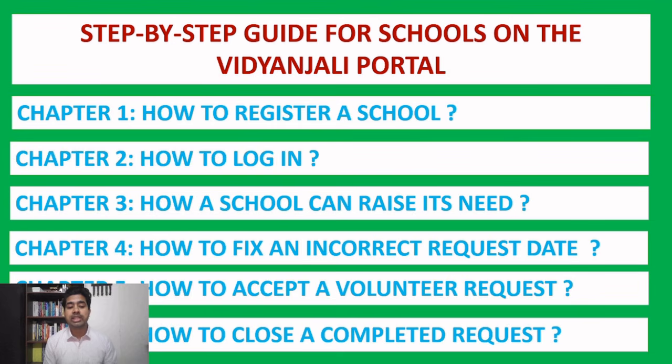And in this, you can see we have included chapter number 4, which is how to fix an incorrect request date. There were many requests that schools raised in maintenance and repair in the last 4 to 5 days, but they put the date like 18th October and 19th October, and somehow it disappeared from the portal because the date that was chosen was 19th, and that's why it's not available for the volunteer to take up any of the activity.